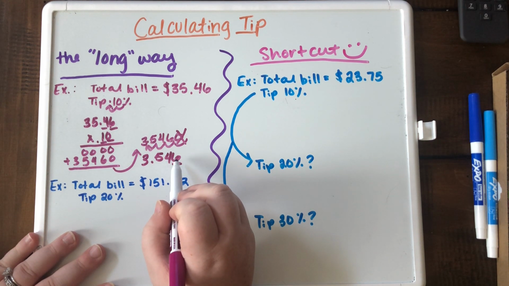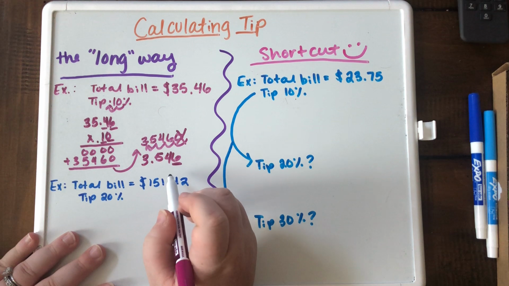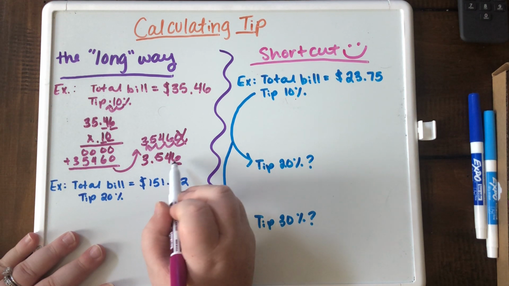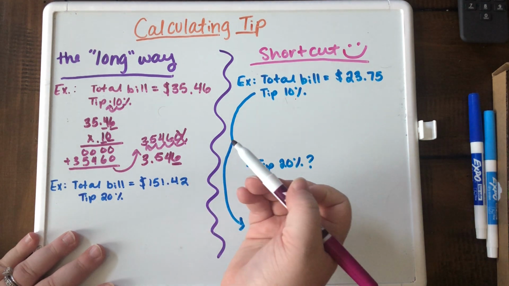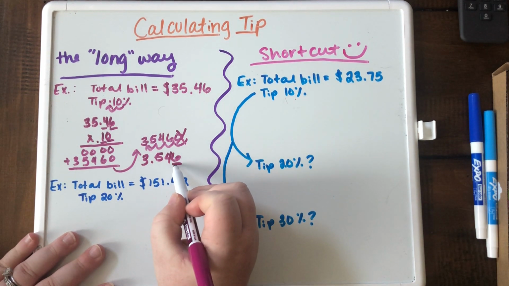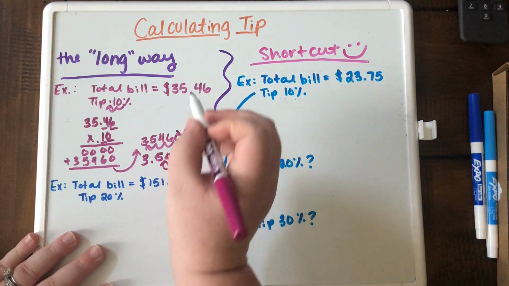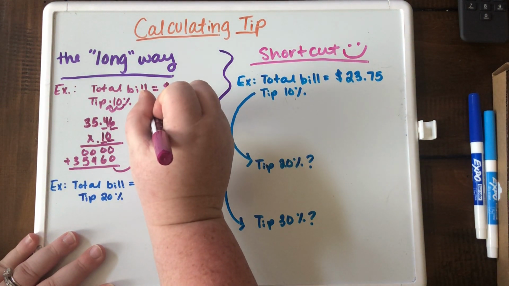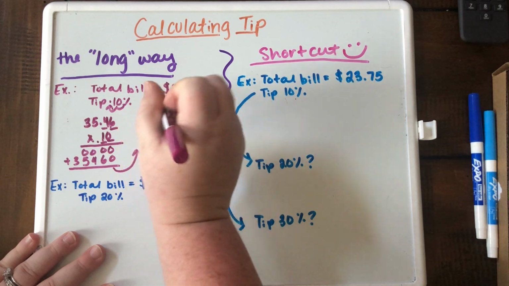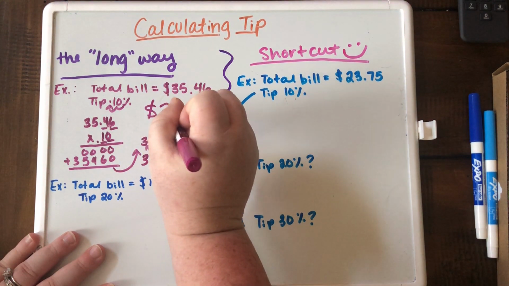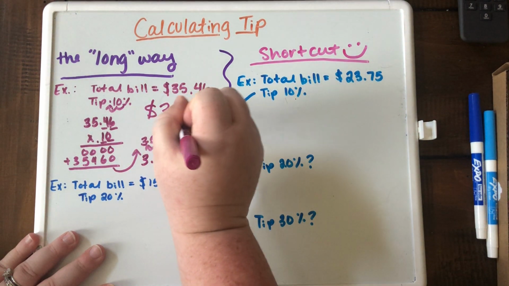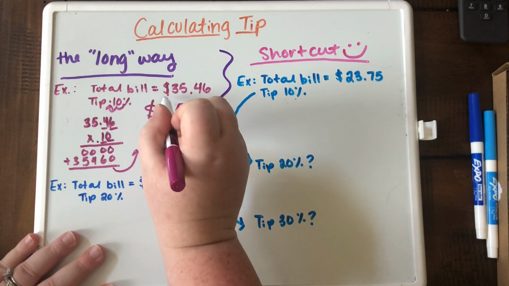But if it is lower than 5, so 4 and below, it stays the same. In this case, our 6 is higher than 5, so you're going to round this 4 up to a 5. So your final answer, your tip that you would leave, would end up being $3.55.